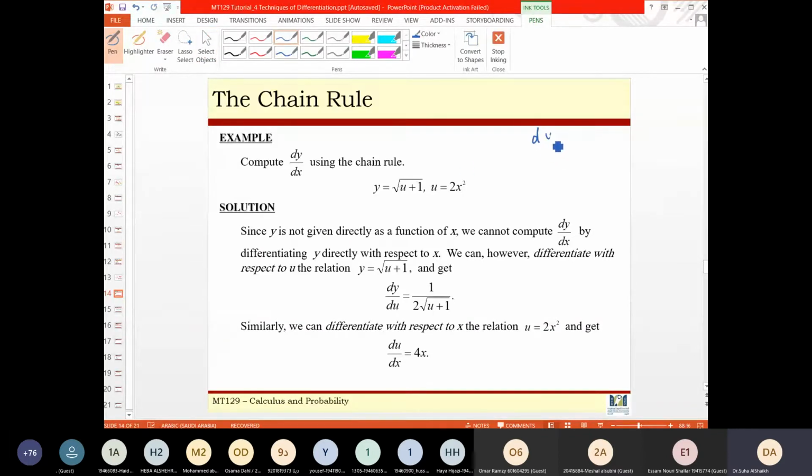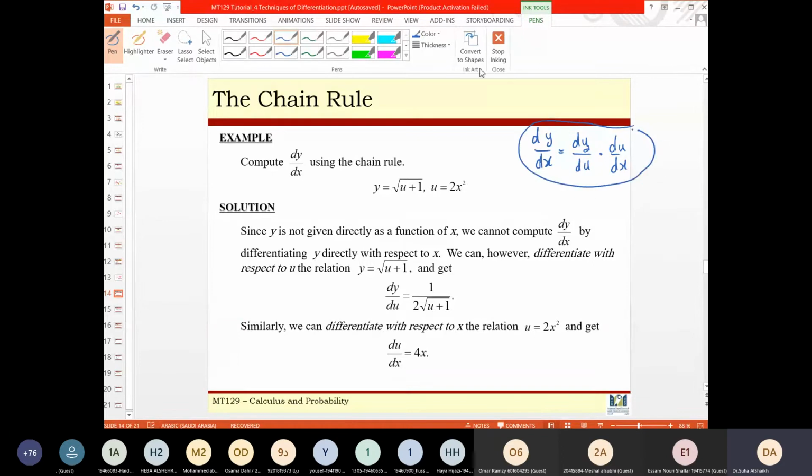We say dy by dx is equal to dy by du multiplied with du by dx. Sometimes the function y is a function of u, and u is a function of x. So I can find the derivative of y with respect to x using the chain rule.